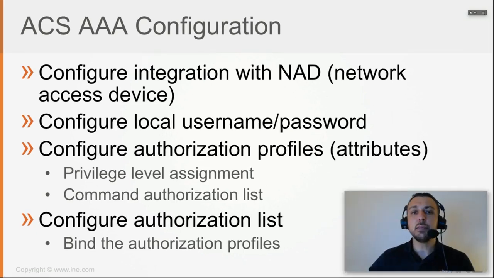Now, of course, it doesn't mean you have to do authentication, authorization, command authorization and accounting all together. Ideally, you're going to do that because you want accounting to know which users have done which commands on which devices.